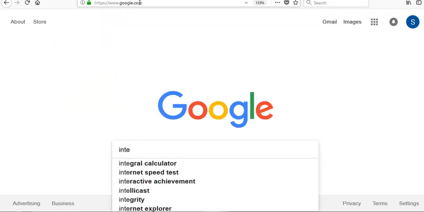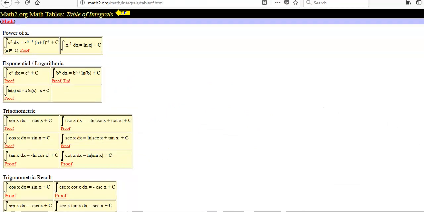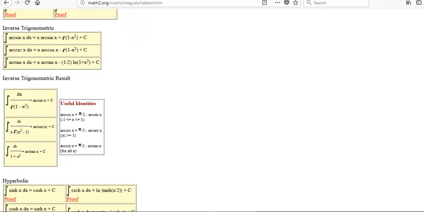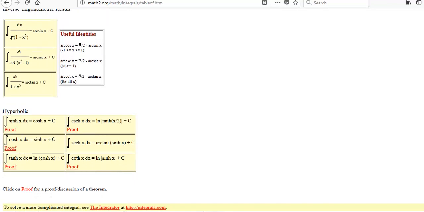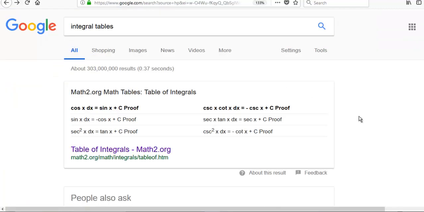Integral tables. So here it is right there. So it's the arc secant of x, but I'm pretty sure it's 1 over a. They don't have exactly what I wanted. Let's see if we got another one here.